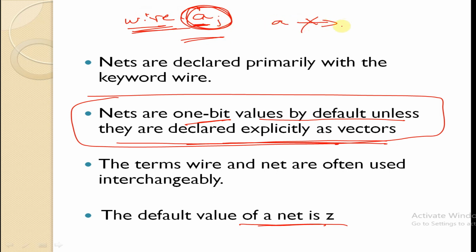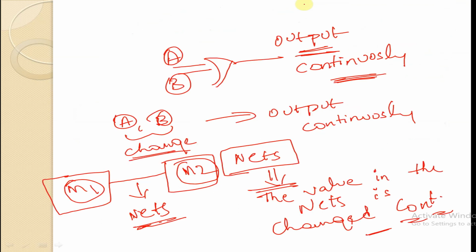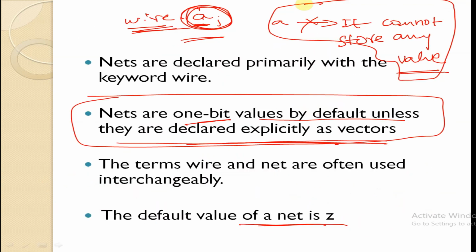This is also a point to remember. It just simply goes on driving the value, it just simply goes on changing the value. So this is all about the nets concept. Is there any doubt in the concept of nets? Can we move forward?